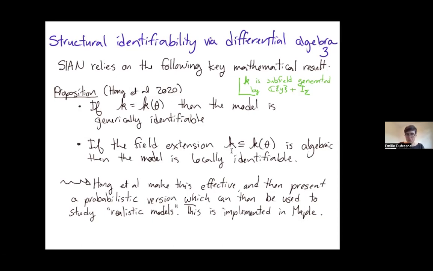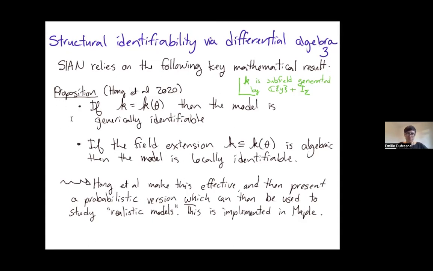And if the field extension is algebraic, then the model is locally identifiable. This is in the paper of Ong et al. from 2020, where the notion of identifiability used is considerably stronger than the one I use, but it does imply mine.